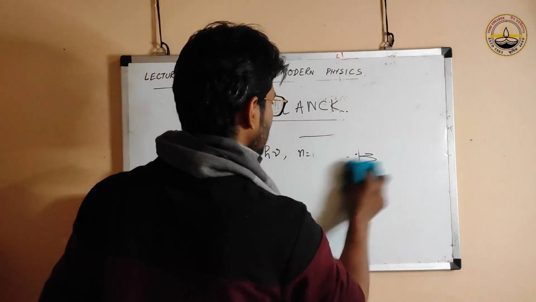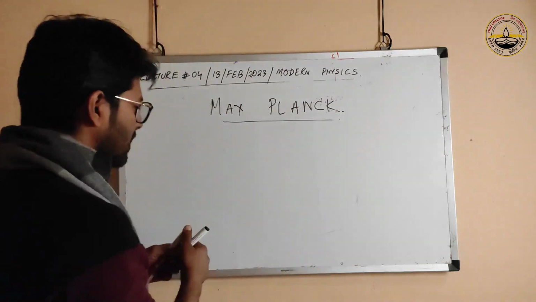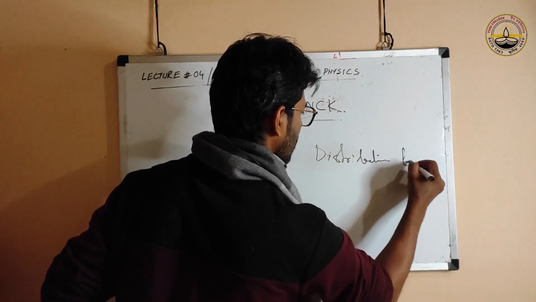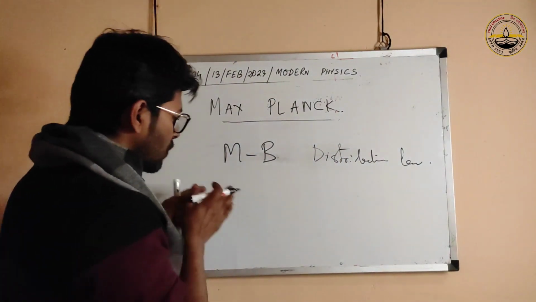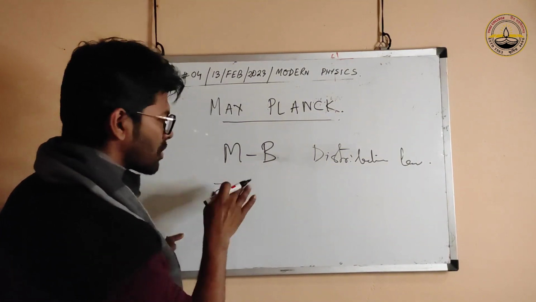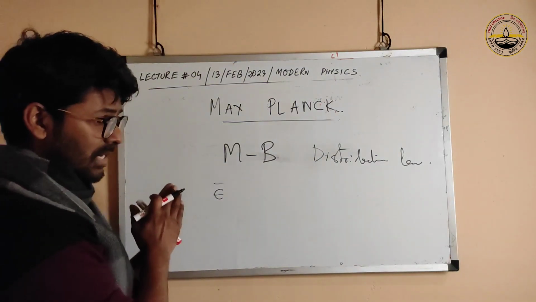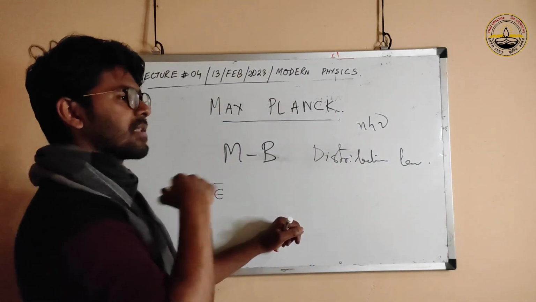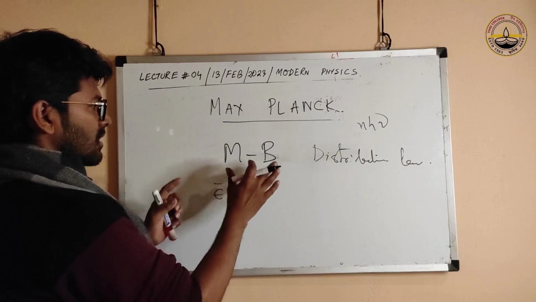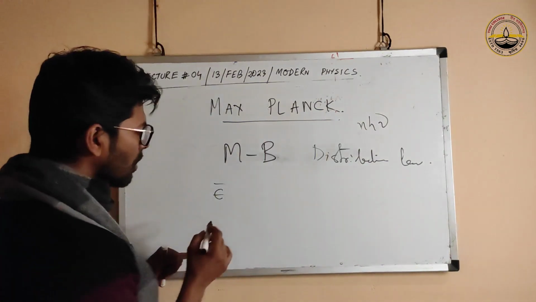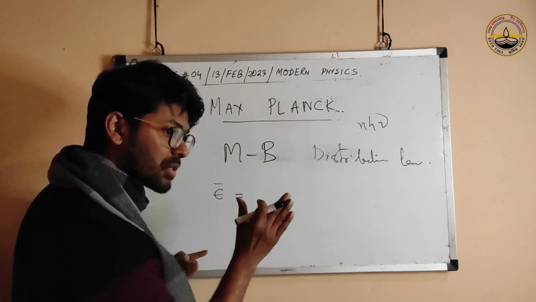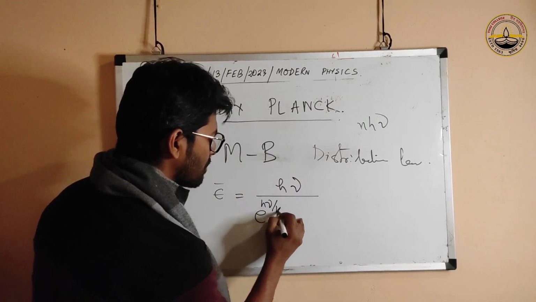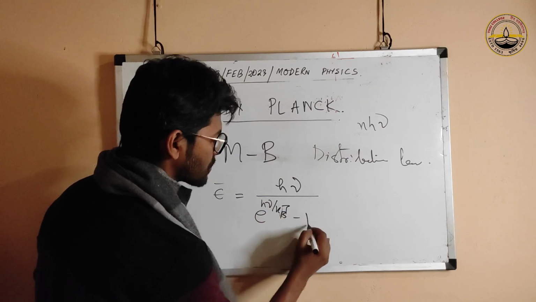Then he applied the Maxwell-Boltzmann distribution law to these oscillators, and if you calculate the average energy per oscillator using this, that the oscillator can have only energy in the form of n h nu, where nu is the frequency of the wave that they are giving out or absorbing, then epsilon bar, the average energy per oscillator, comes out exactly to be h nu over e to the power h nu over kBT minus 1.